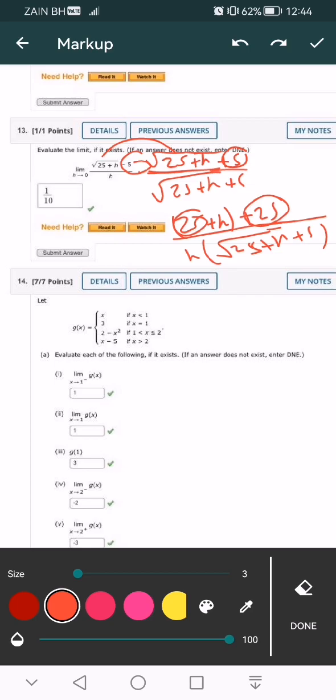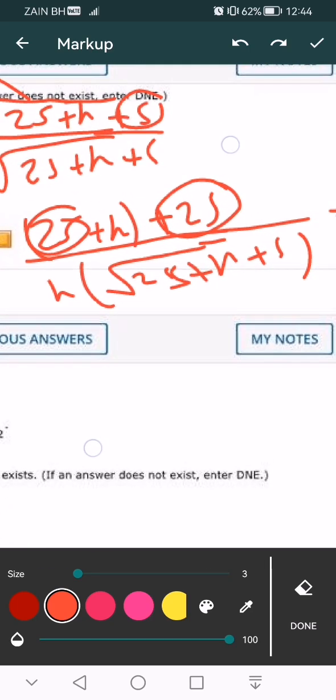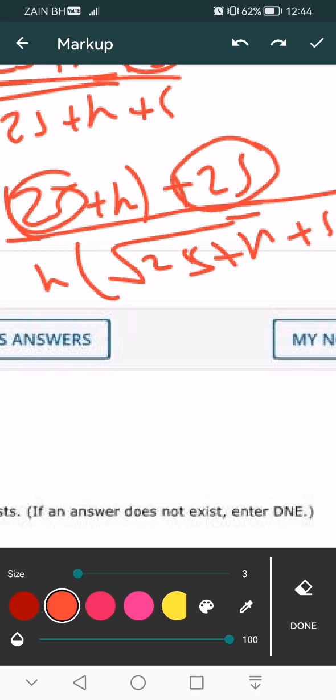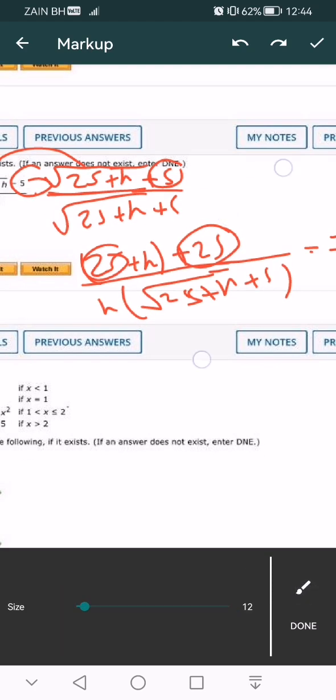Substituting by 0, 0 or 25 by 25. Minus here, this is my mistake, okay. Okay, again let's repeat it.